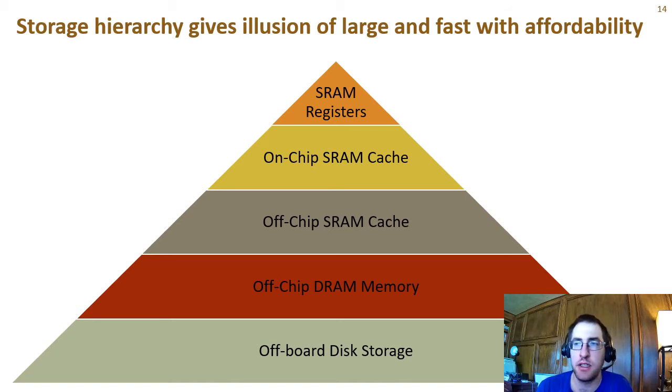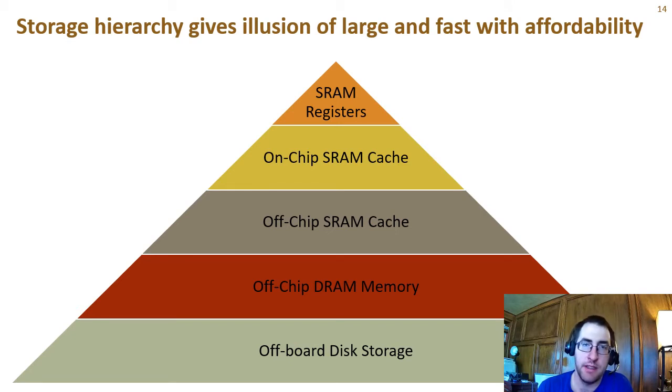A single instruction can only access a limited amount of data, so our register file can be small, and we can still make use of it effectively. So our SRAM registers, and then we'll have an on-chip cache, and we'll use SRAM technology for that as well because it's fast, and we don't need our on-chip cache to be all that big either. Maybe we have an off-chip SRAM cache, and then we'll have off-chip DRAM, dynamic random access memory, DDR memory.